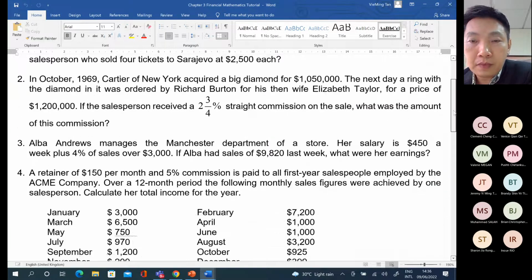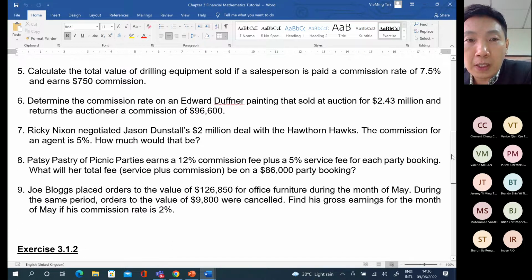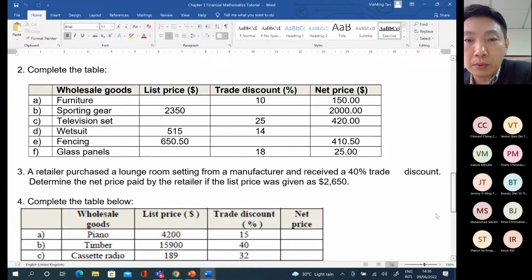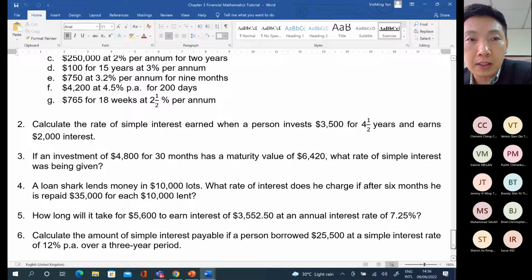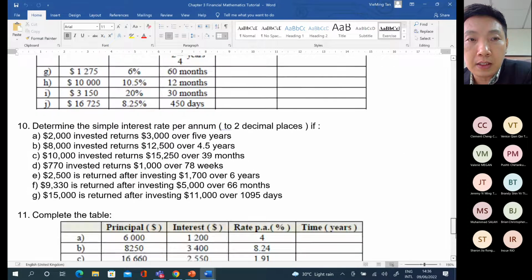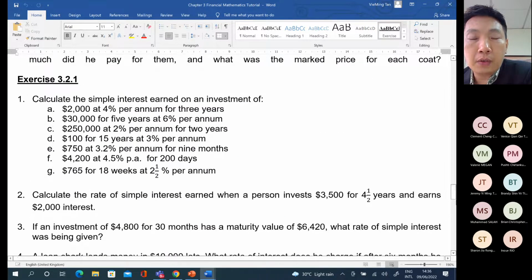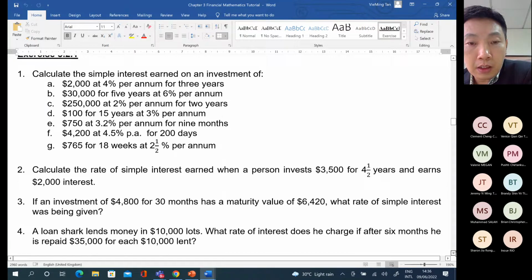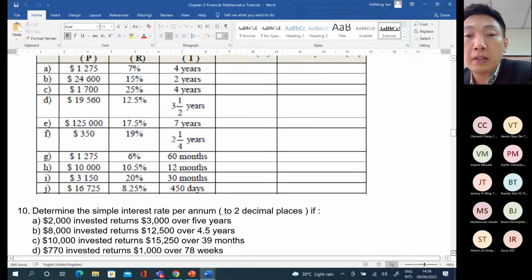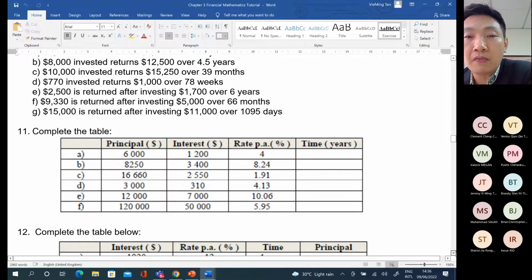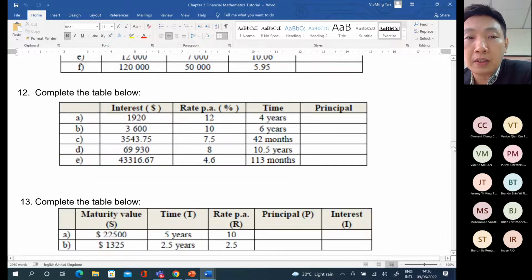For financial mathematics part 2, you need to start with the questions from exercise 3.2.1. Exercise 3.2.1 consists of all the questions on simple interest computation only. For question 9, you can skip, it's a waste of your time. Question 11 also can be skipped, and 12 and 13 can be skipped.